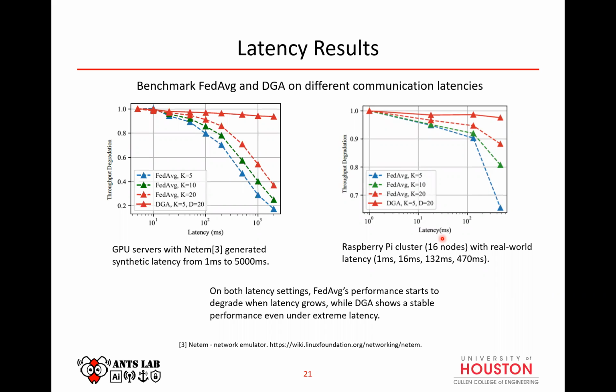This way, we can emulate latency values of 1 millisecond, 16, 132, and 470 milliseconds respectively. So they took those values to plot this graph. After placing these clusters at different locations, they try to emulate these different qualities of connection.